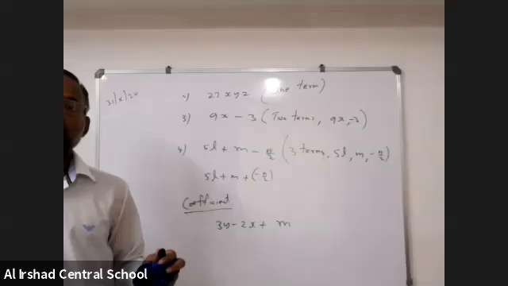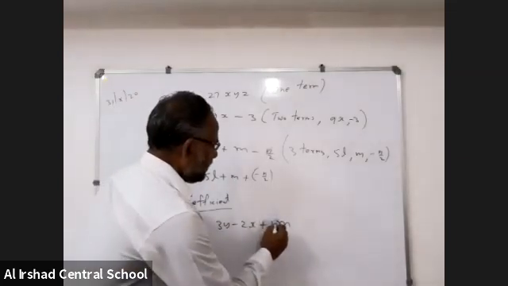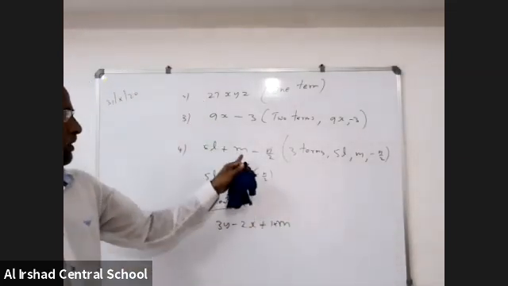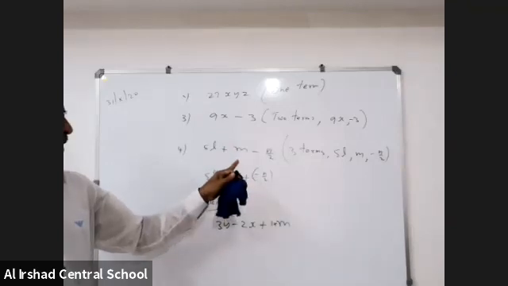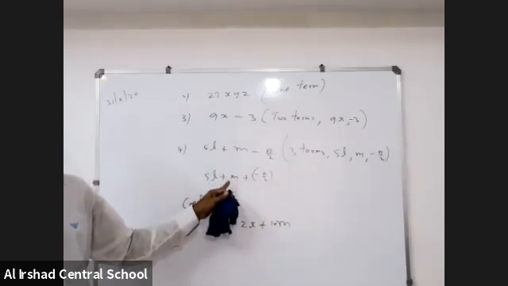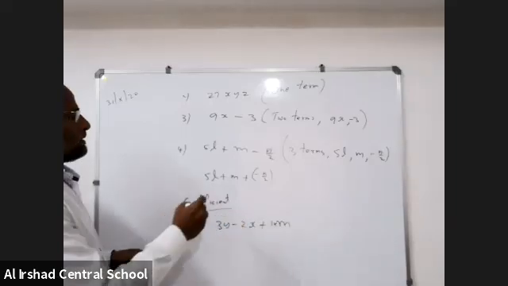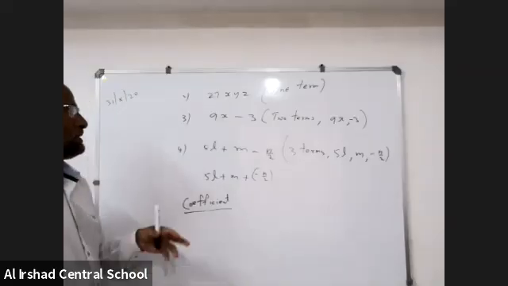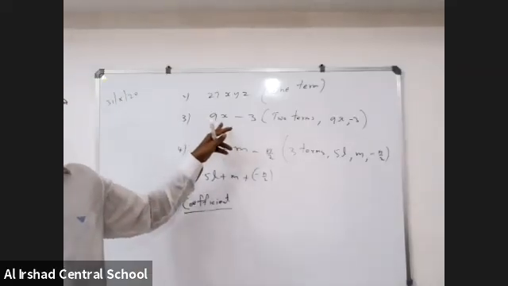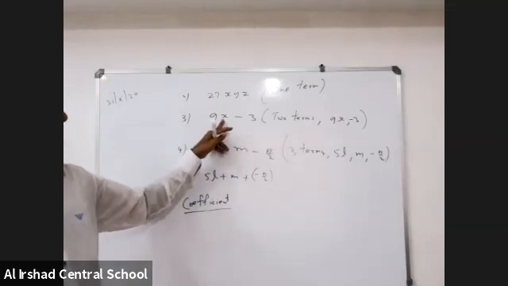Plus 1 into m, coefficient of m is 1 here. Understand? Here, this is minus half. So what you understood, coefficient? That means the numerical just before that variable.